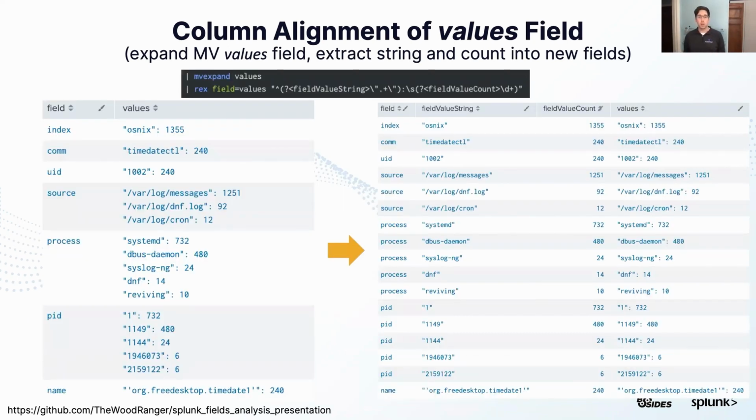It's important to note here that it is necessary to first combine the string values and count values together into a single multi-value field in the previous steps. We had to stitch them together into a single multi-value field in order to perform a clean expansion in this manner.